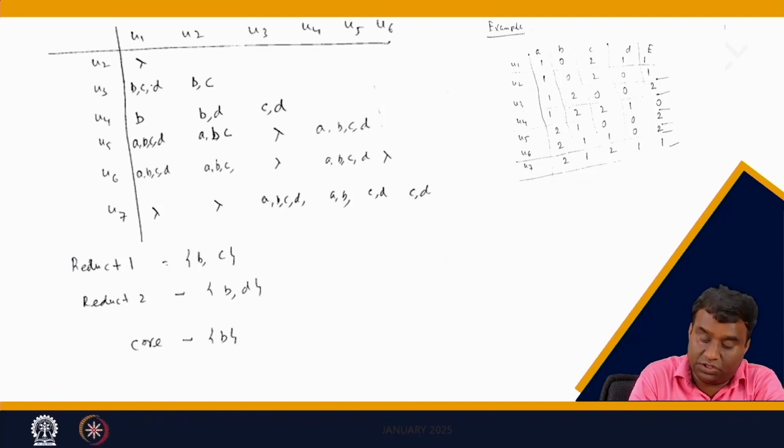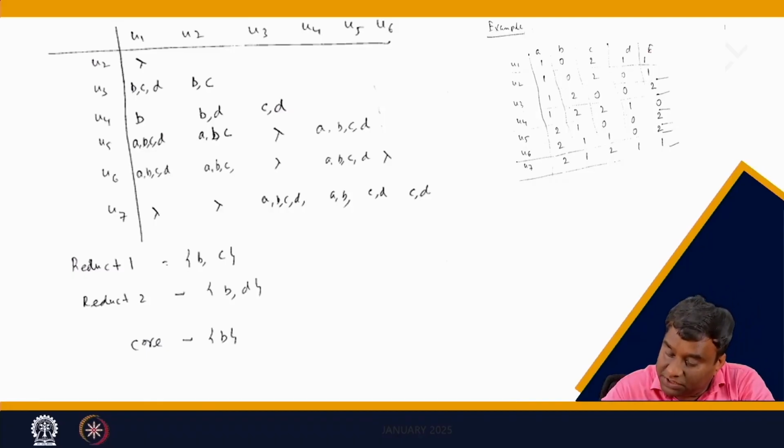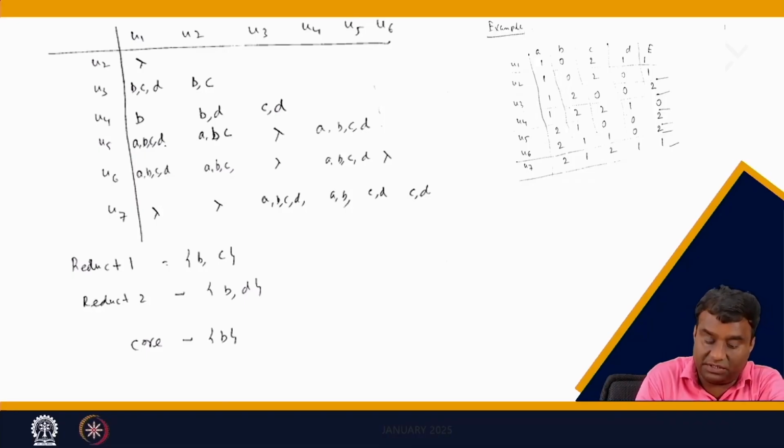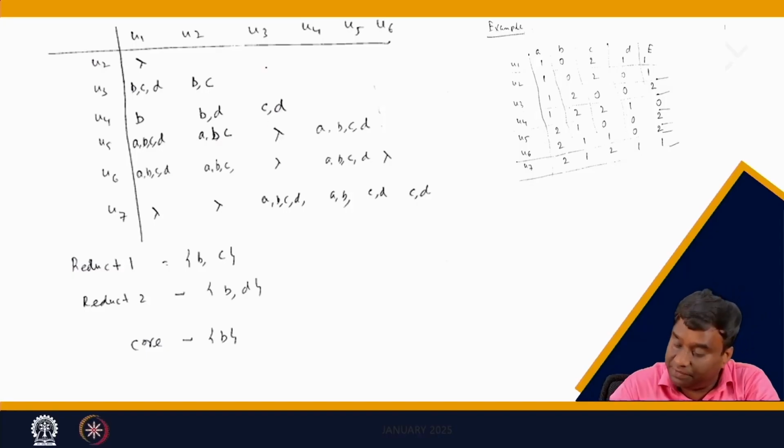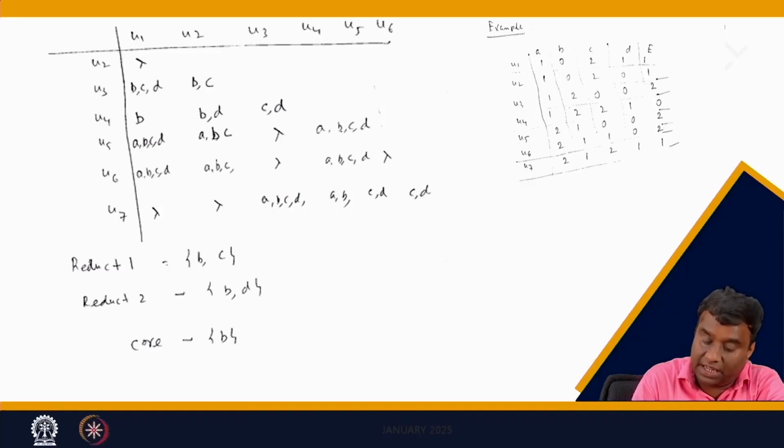Compare u5 with u1. This is not same, so I think everything is different. So here it is A, B, C, D. For u5 with u2, A, B, C. Now u5 with u3, this is same, so lambda. Now u5 with u4, all attributes are different, so it is A, B, C, D. Similarly for u6 and u1, all are different.